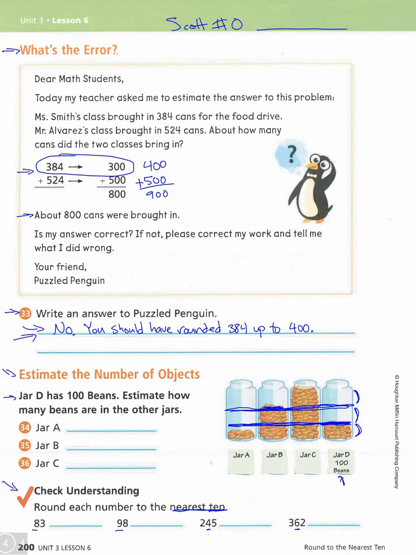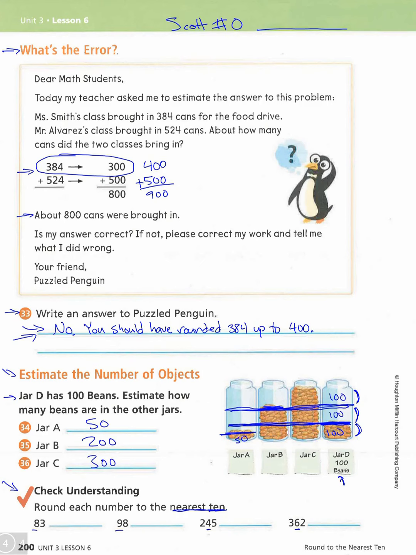So this is about half. I'm going to say jar A would hold about 50, jar B would hold about 200, and jar C I'm going to estimate around 300, if each of these is 100, 100, 100. But this is 50. That's what I would do.